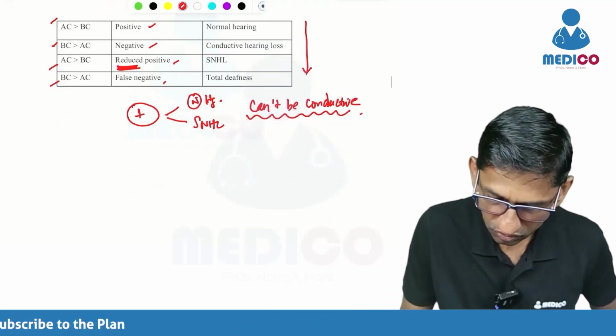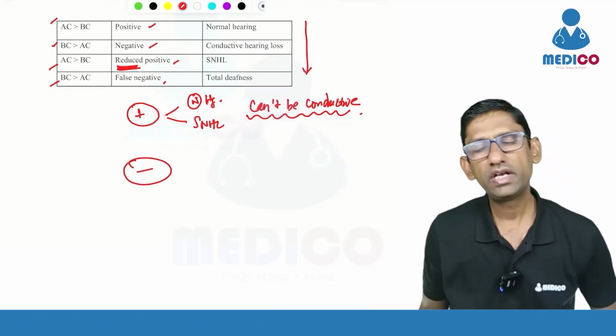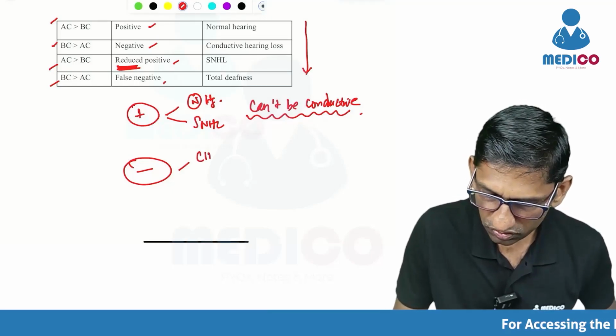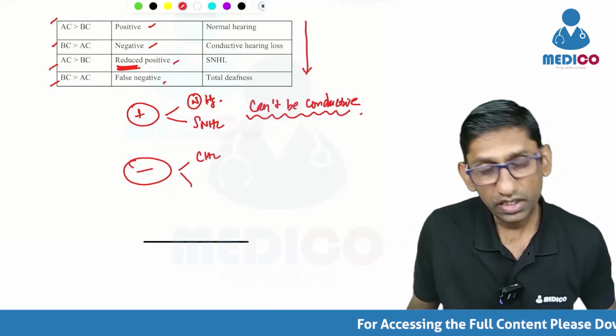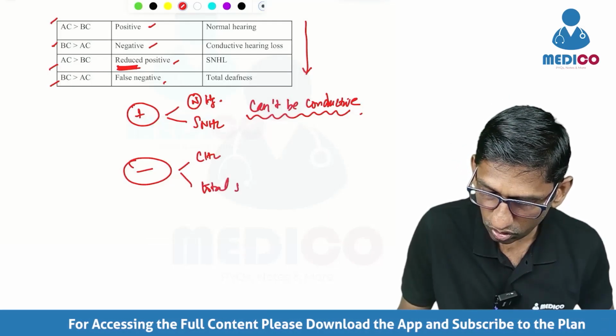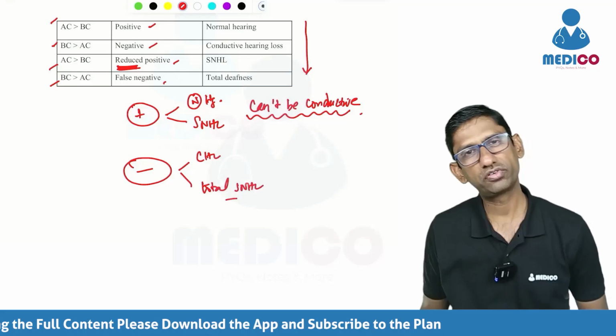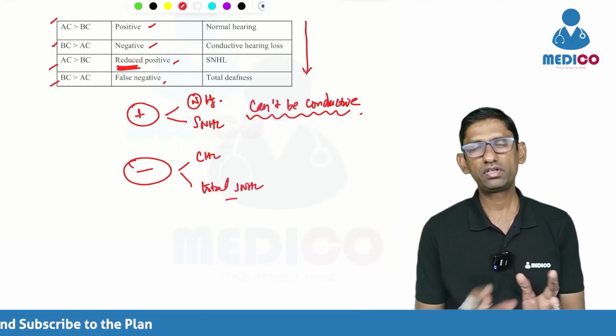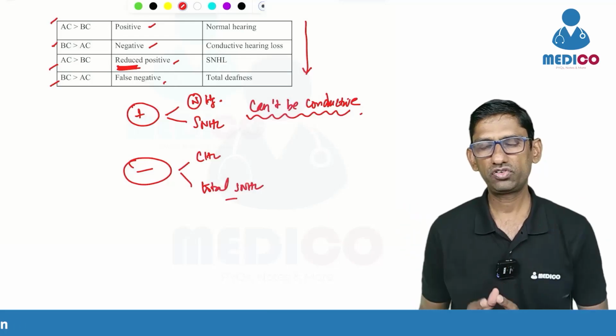But if the question carries negative Rinne, there you have a catch. It can be a true negative, that is conductive hearing loss, or it can be a false negative Rinne, which is seen in profound or total SN hearing loss. So in the negative, we should be a little cautious. So this is about the assessment of the Rinne's test in a question.